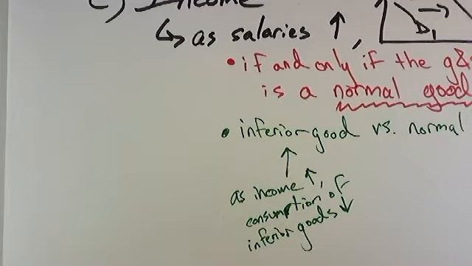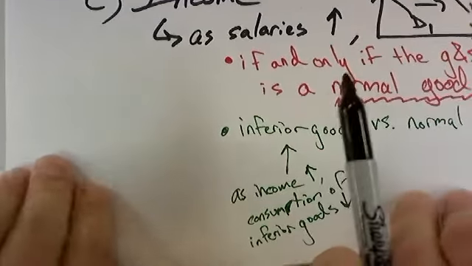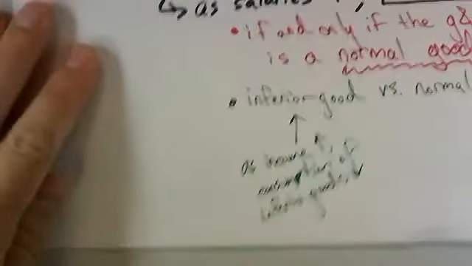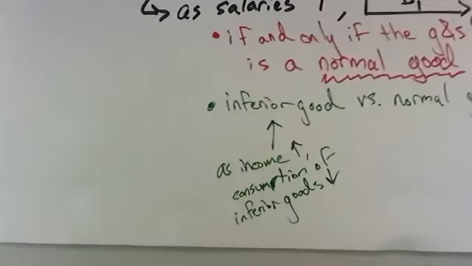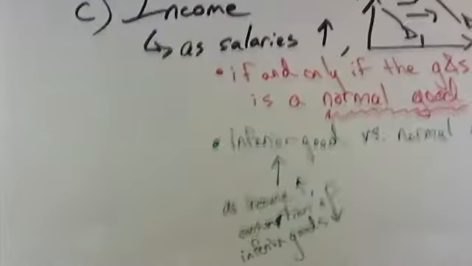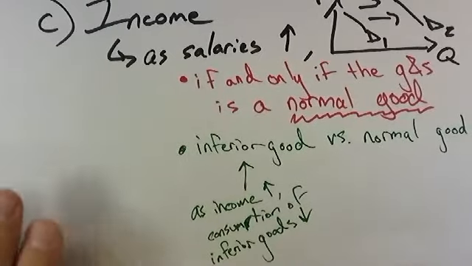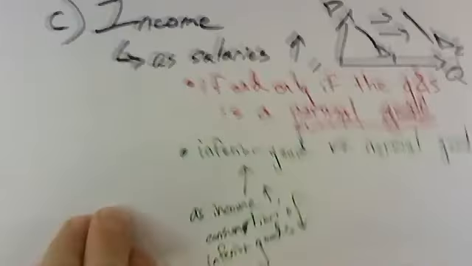Then we have the price of related goods. There are two types of related goods that we can think about.